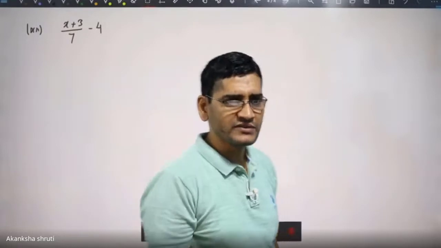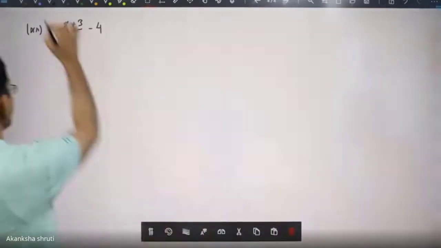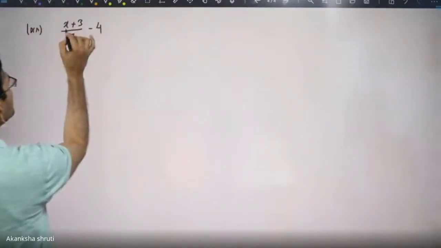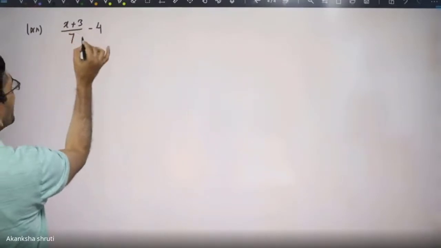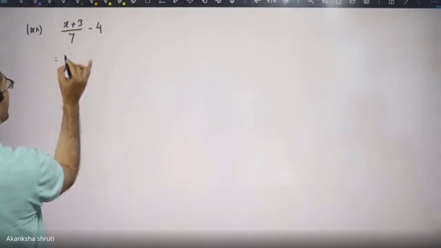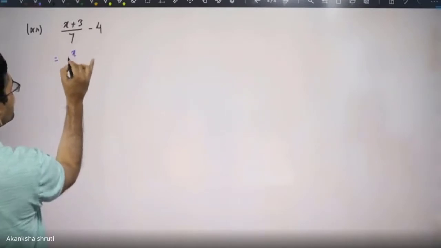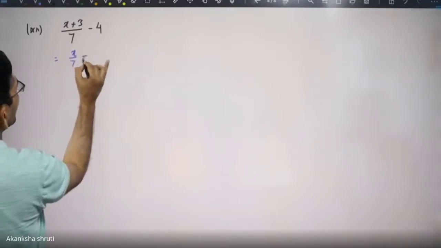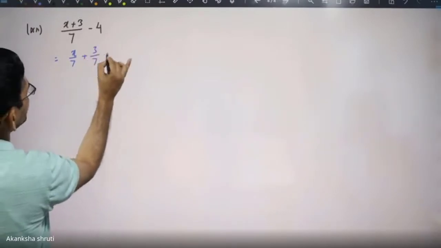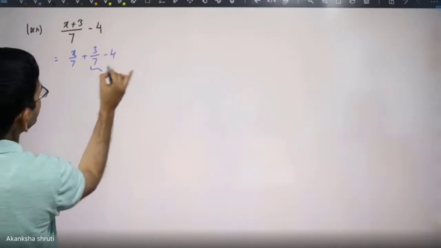And if yes, then we have to tell the constant term and coefficient. So student, x plus 3 whole by 7 minus 4. You have to just separate this 7, because 7 is for both this x as well as this 3, minus 4. Now these two are constants.